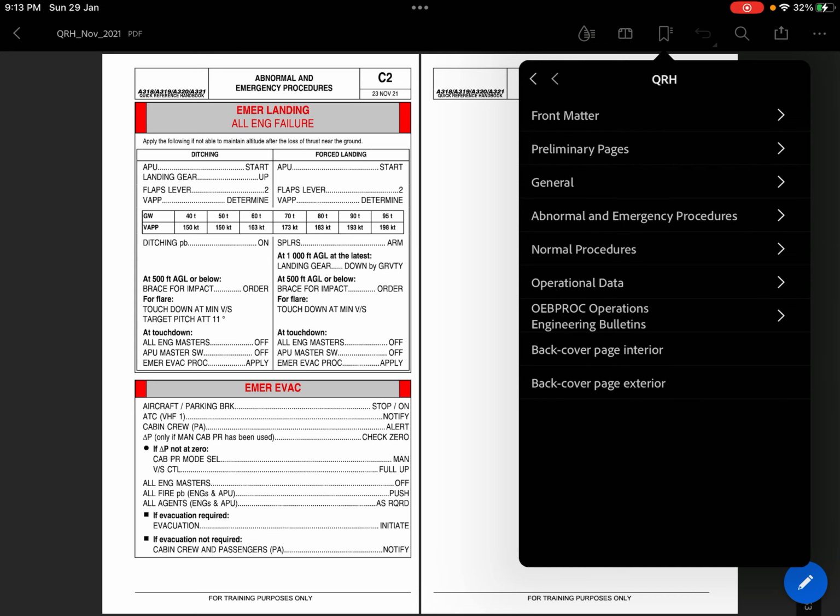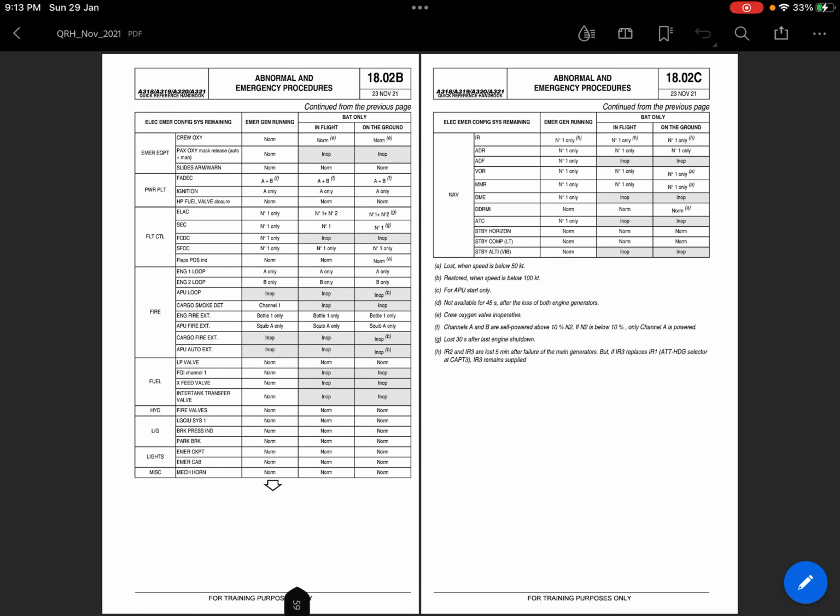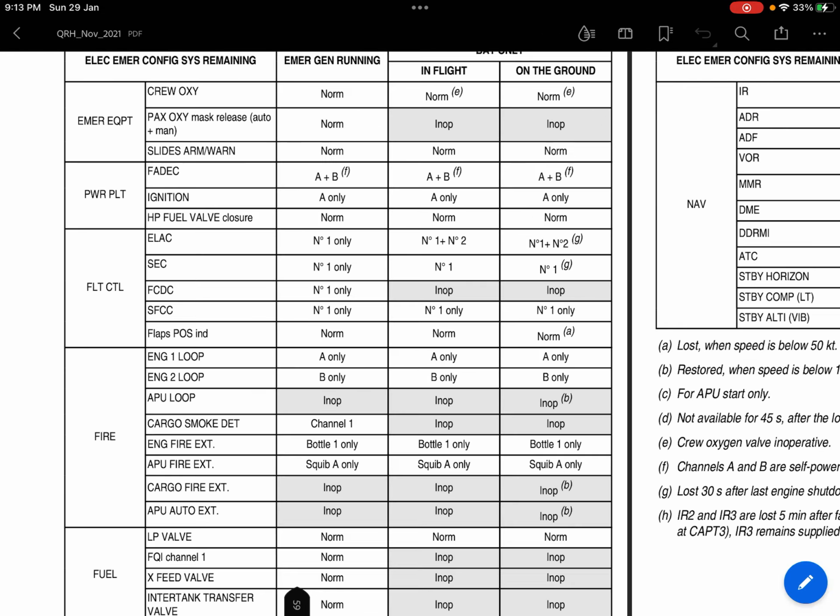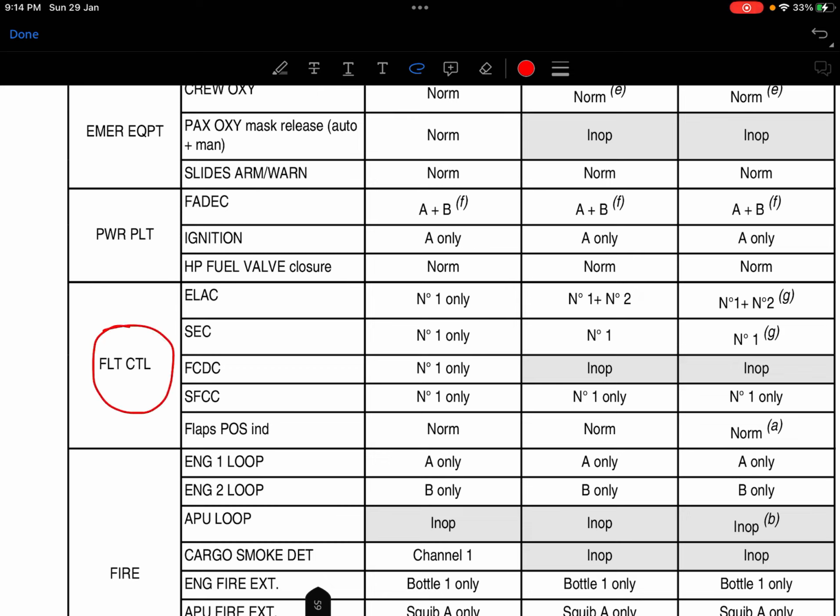So they were talking about what systems are available, right? So what flight control computers are operational in this emergency electrical configuration. So here is the list of flight controls.